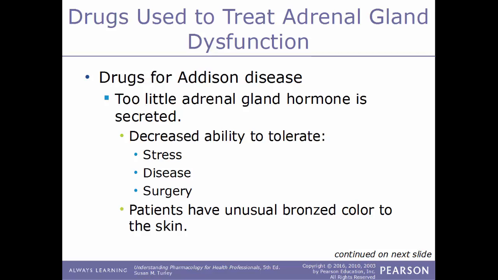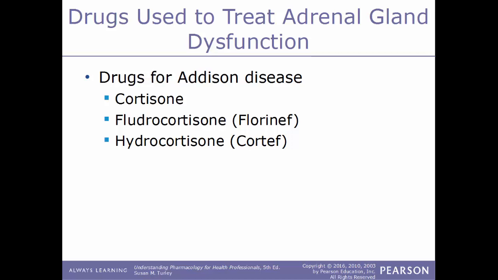A very common symptom of people who have Addison's is an unusually bronzed color to the skin. So not a tan, but more of a bronzed look. Some drugs that could be used to treat Addison's disease include cortisone, fludrocortisone, also known by the trade name Florinef, and hydrocortisone, also known by the name Cortef.